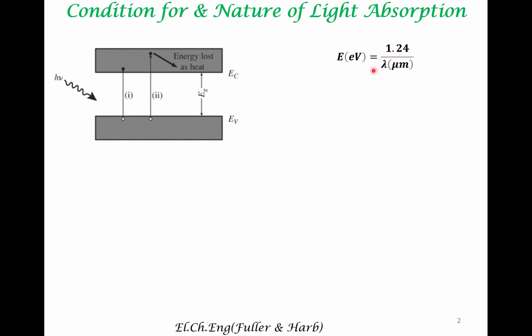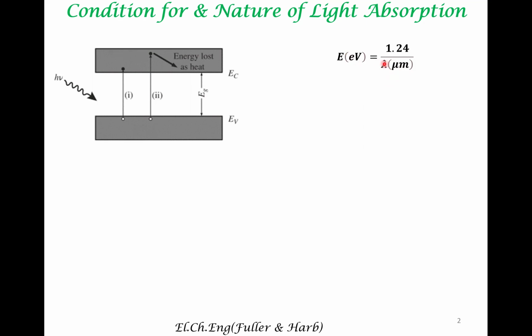It is possible to convert the energy in eV using this formula. It's just good to have this in your mind, because two different communities would specify energies differently. If it is specified in this manner, you may want to convert it to lambda or the other way around.